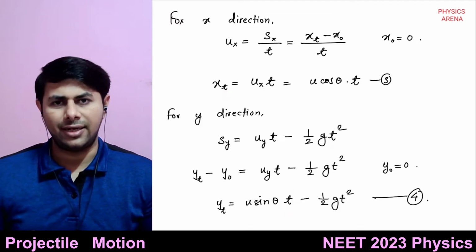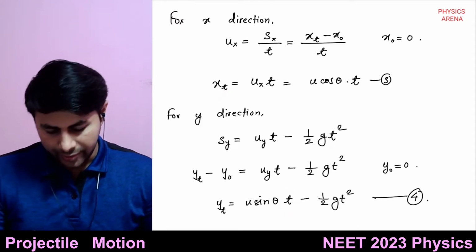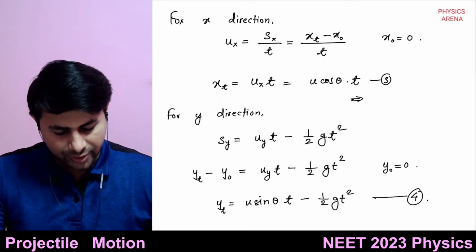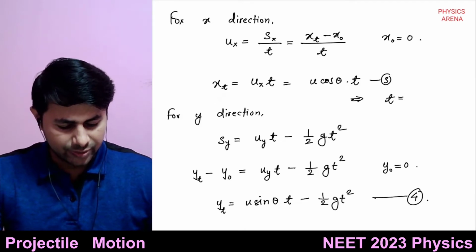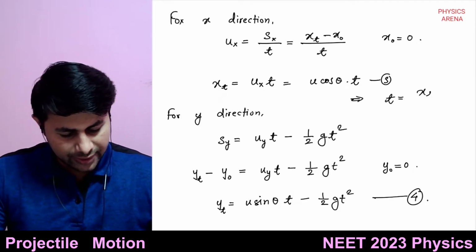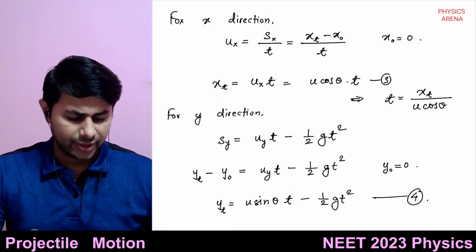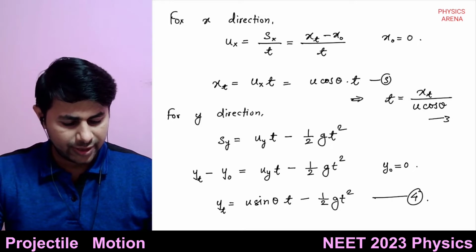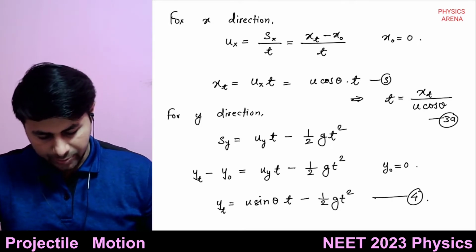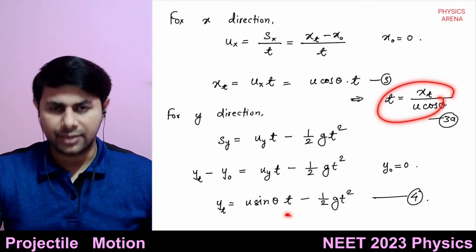I should write the time in terms of x. Okay. So what can I do here? Here I can write t is equal to what? Xt divided by u cos theta. Okay. So let's call this equation 3a or something, and let's put this in this equation.